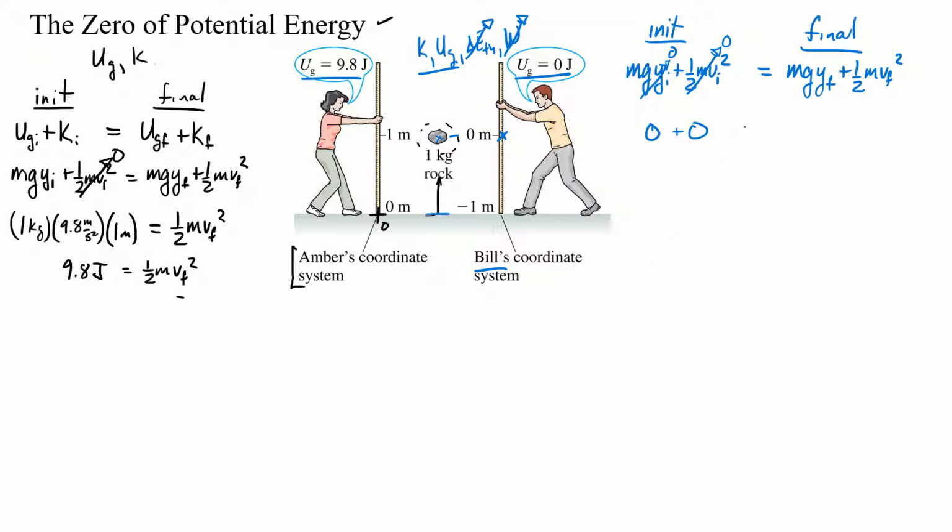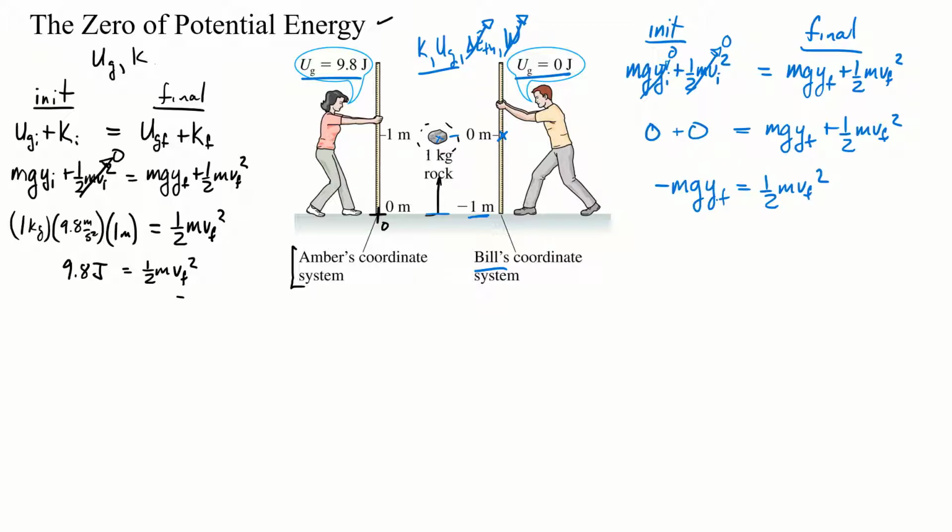But if we continue Bill's analysis, what we find is at the final position, when the rock's down here at -1 meter, we have mg y final plus 1/2 m v final squared. We can bring this over and do some algebra. Then we have -mg y final is equal to 1/2 m v final squared.